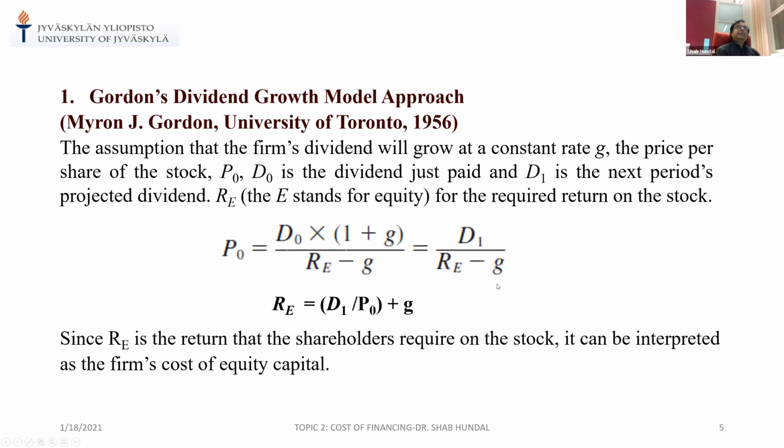So this will be 10 divided by minus 2%. And if you divide 10 by minus 2%, it would be how much? It will be about 500, I think, but with a negative sign. It means that the expected or the theoretical price of the firm is minus 500, which is completely nonsense. How can the theoretical price be negative?